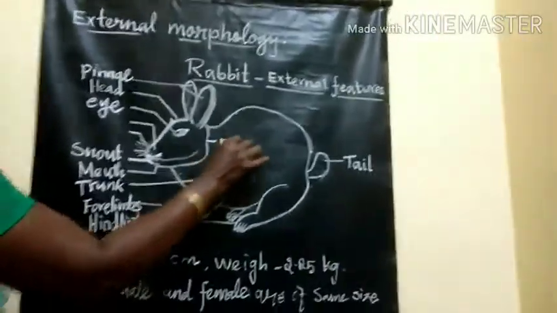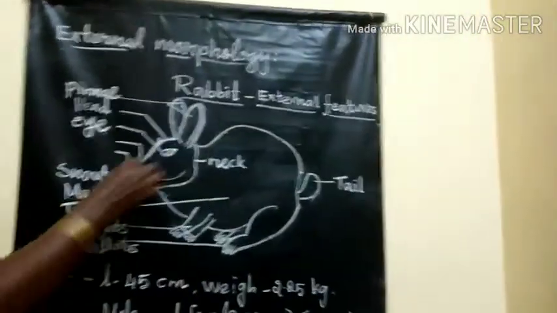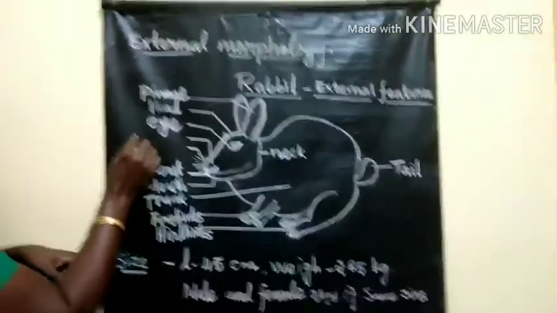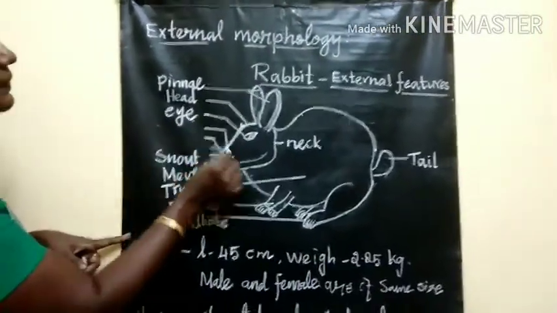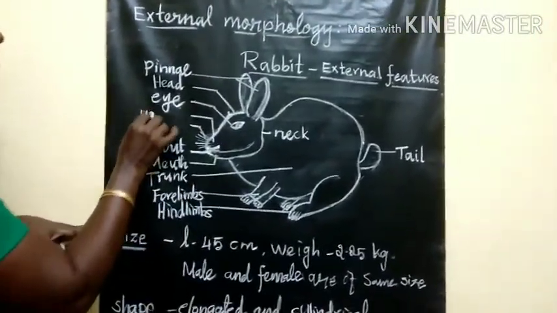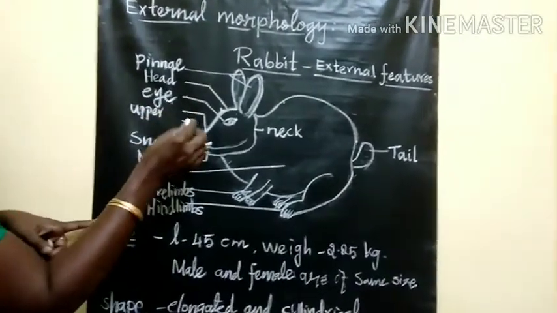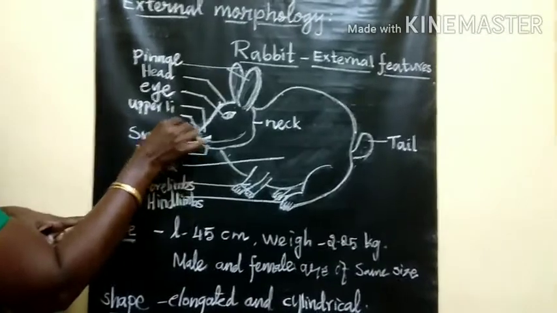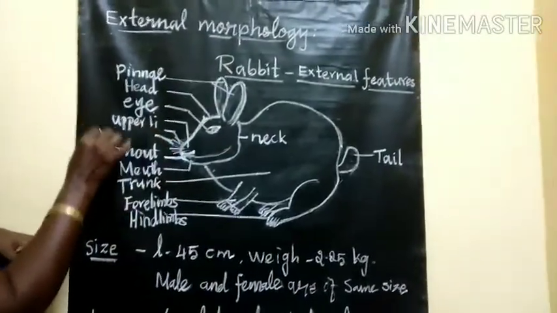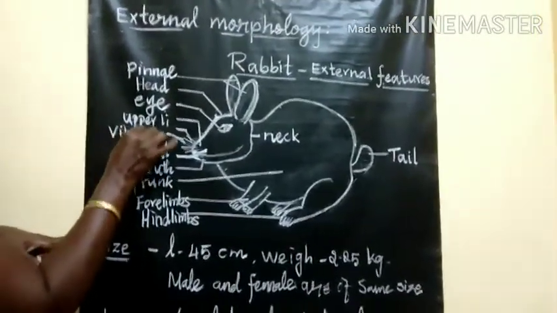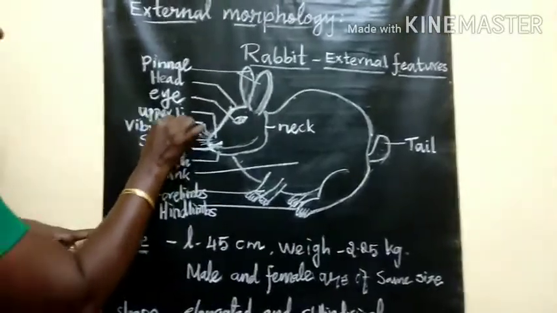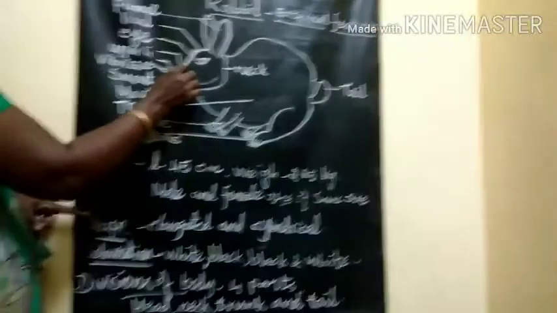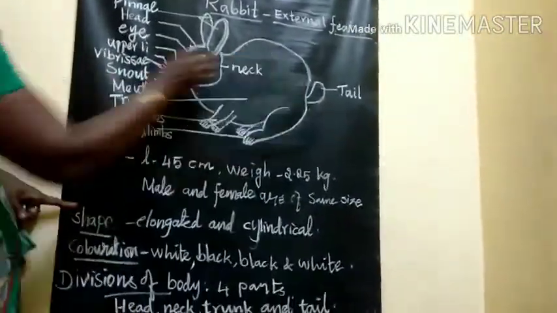This is neck. This is the upper lip. These are vibrissae. So, the body is divisible into head, neck, trunk and tail.